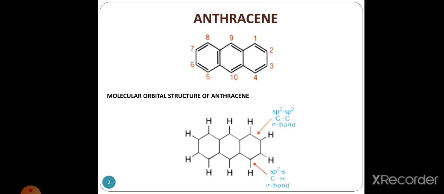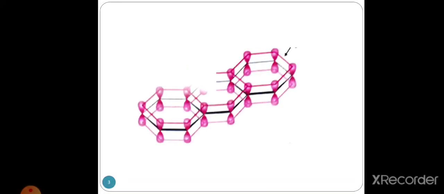Since the bonds result from the overlap of trigonal sp2 orbitals, all carbon and hydrogen atoms in anthracene lie in the same plane. This image represents the pi molecular orbital structure of anthracene.